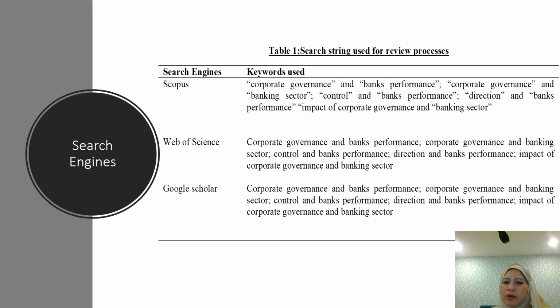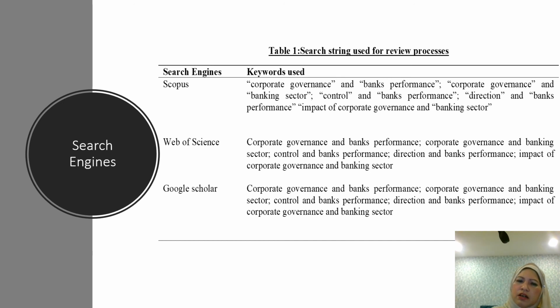Scopus and Web of Science are the main primary search engines, and then we use some search strings for the review process, like the keywords corporate governance and bank performance, corporate governance and banking sector, control and bank performance, direction and bank performance, impact of corporate governance and banking sector. Some give us more results, some lesser results.